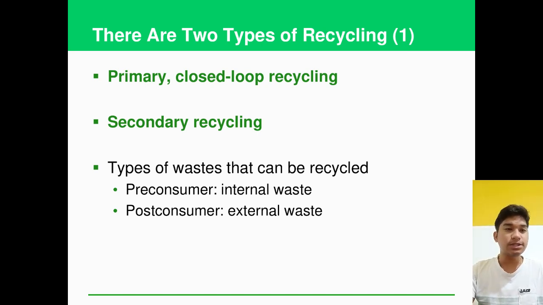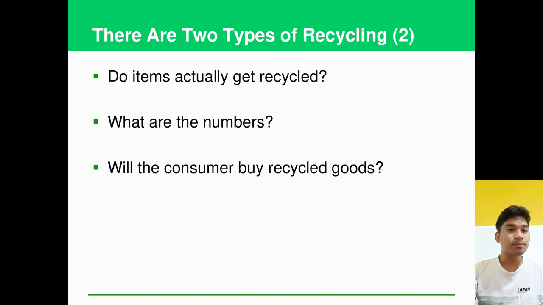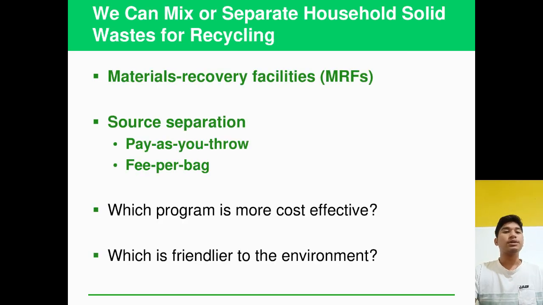Next slide is: do items actually get recycled? That is the question. And what are the numbers? Will the consumer buy recycled goods? So we can mix or separate household solid waste for recycling.